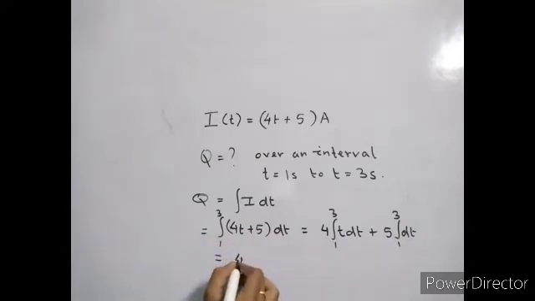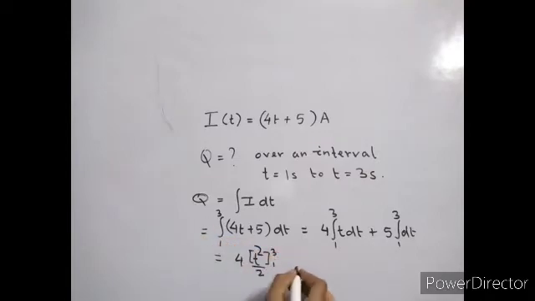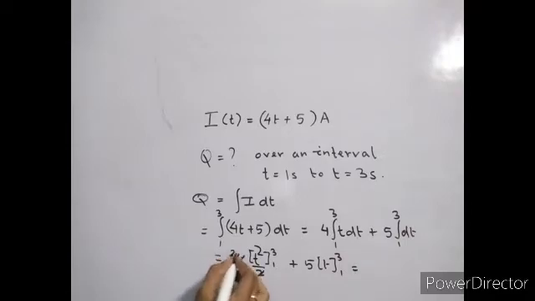So this is equal to 4 remains as such, t dt gives me t squared divided by 2, taken from 1 to 3 seconds, plus 5 dt integrates to t taken from 1 to 3, and the 2 gets cancelled out with 4, so what remains is 2 over there.